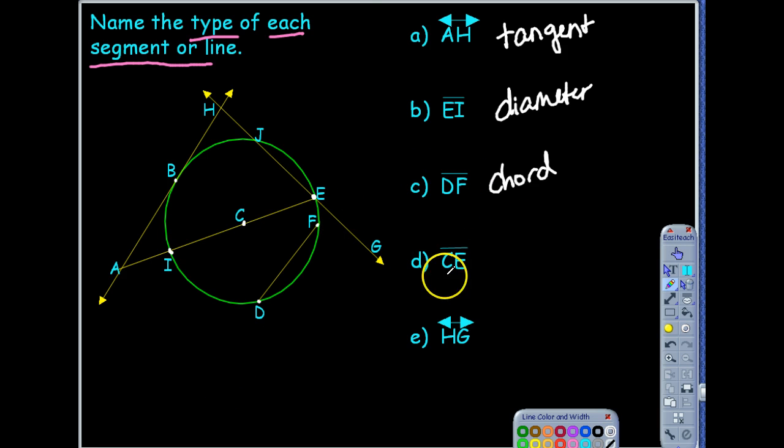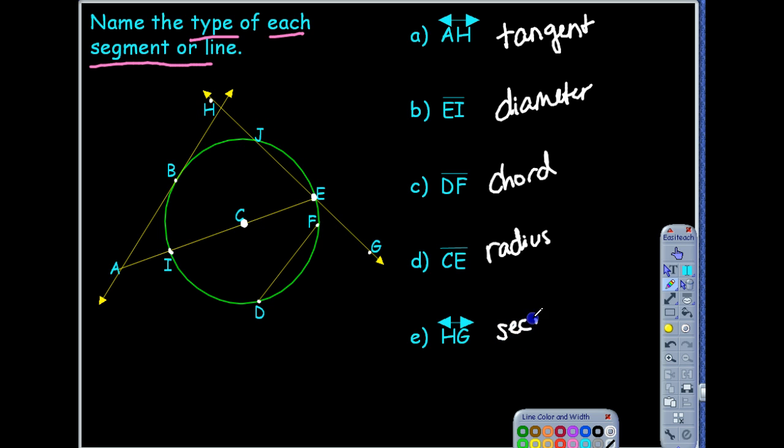Okay, what about segment CE? That would be a radius, the only one that does not have both of its points on the circle. What about line HG? It's going through the circle at 2 points, so that would be a secant.